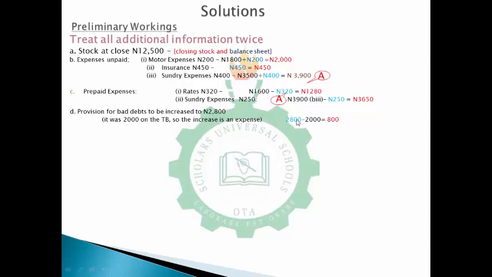So 2,800 minus 2,000 will give us 800. So this 800 is now the new amount that we have increased our provision for bad debt by. So this 800 will be posted to our P or L as an expense, and the 2,800 is the new amount that we are going to be recognizing as our provision for bad debt, which will be deducted from our debtors.